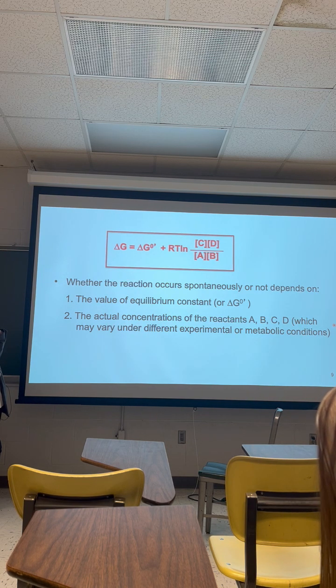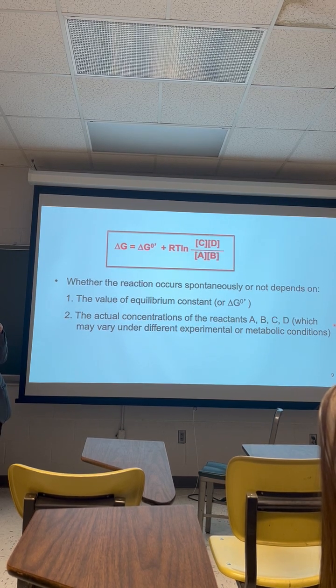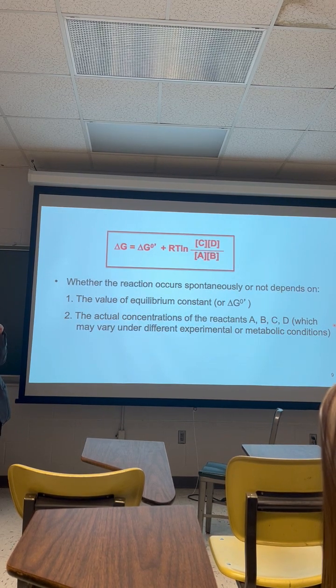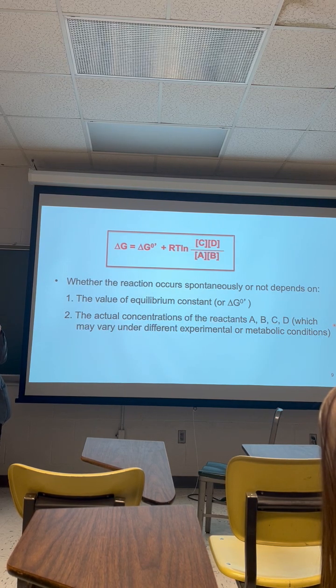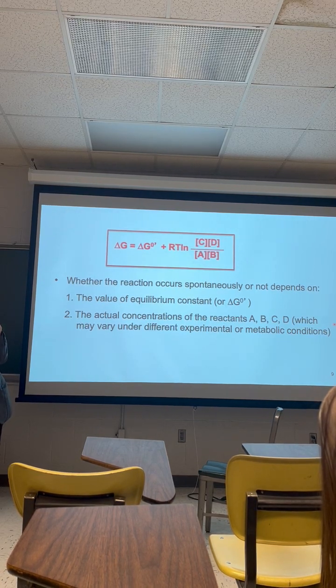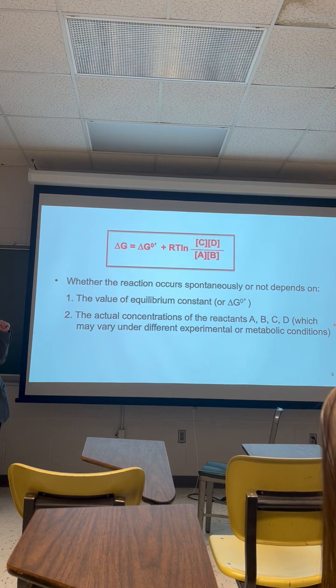So in other words, if I give you some numbers, and I say you are dealing with a reaction for which delta G0 prime is negative 10 kilojoules per mole, can this reaction occur spontaneously or not?